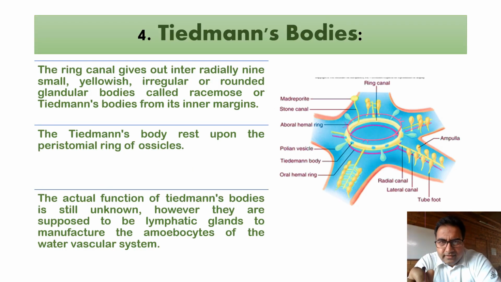Then the Tiedemann's bodies. Now these are the bodies such as the Polian vesicle, the Tiedemann's bodies. They are attached to the ring canal as well. So that is why we skipped that in our earlier remarks. The ring canal gives out interradially nine small yellowish irregular or rounded glandular bodies.